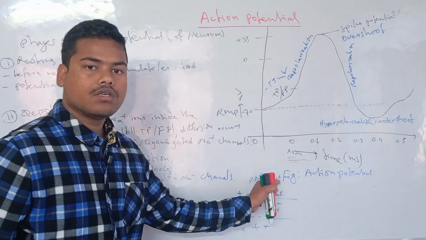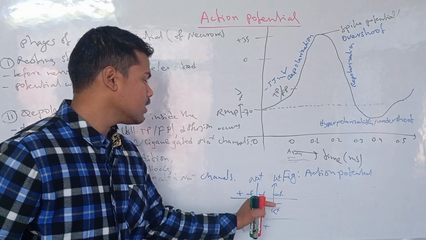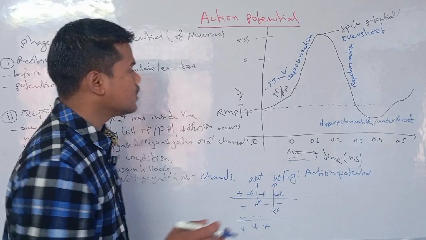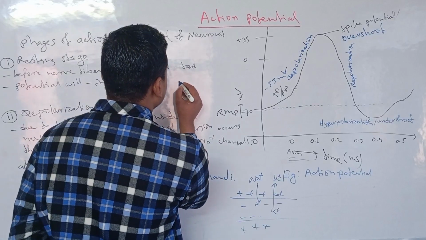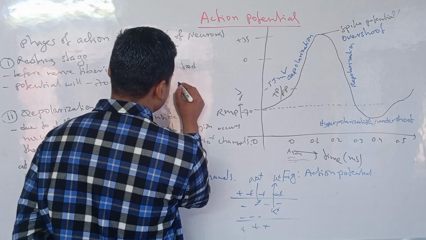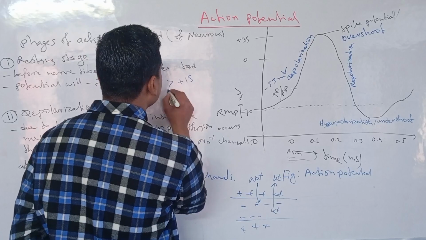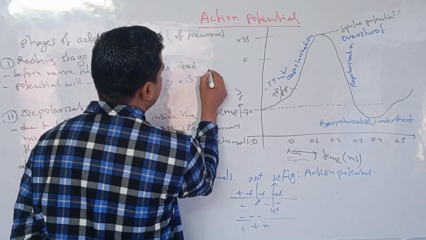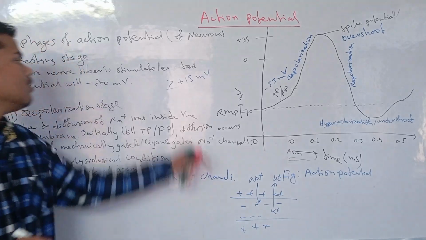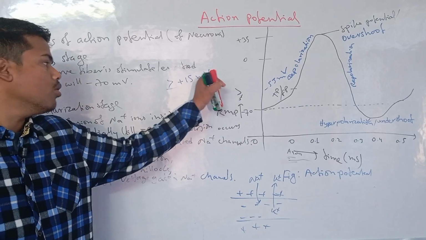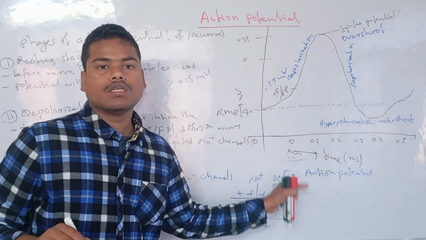the potassium, then action potential will generate, or if the membrane potential changes, meaning the membrane potential changes by greater or equal to plus 15 millivolt, the action potential will generate.